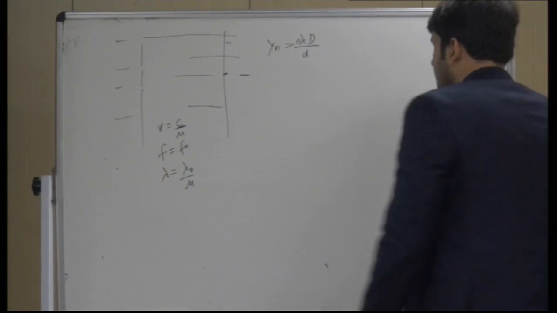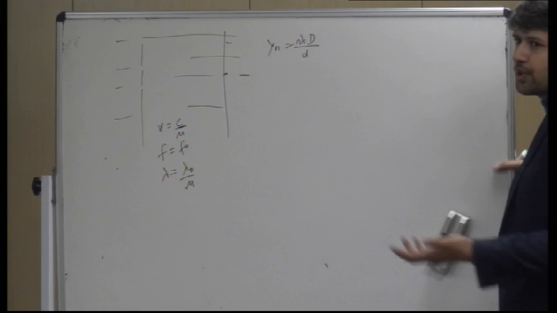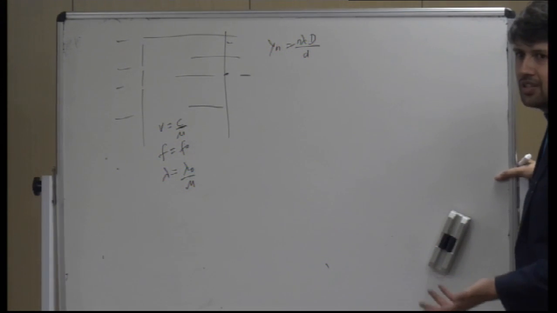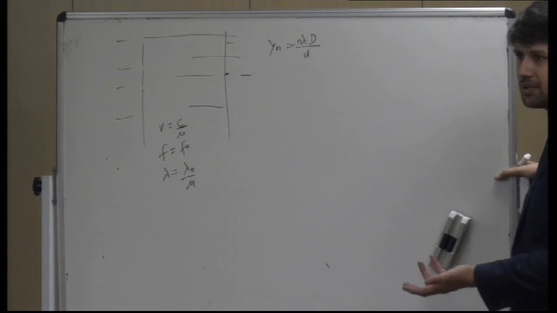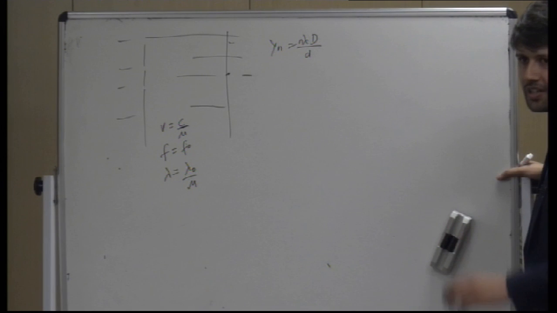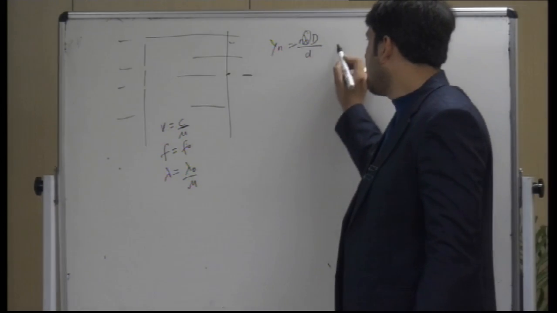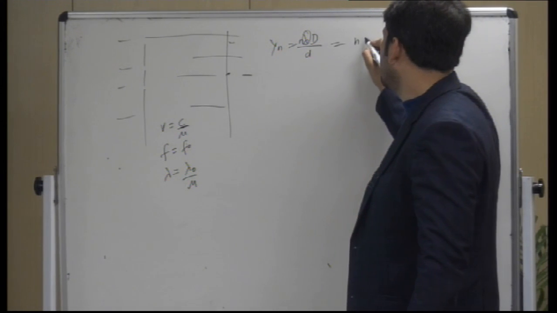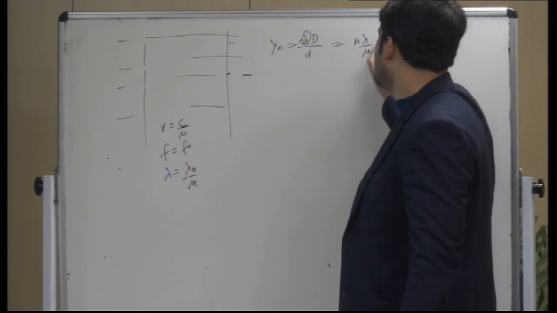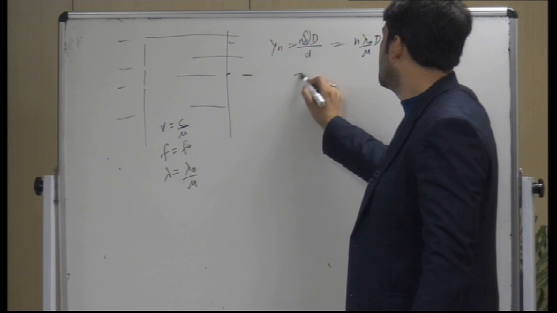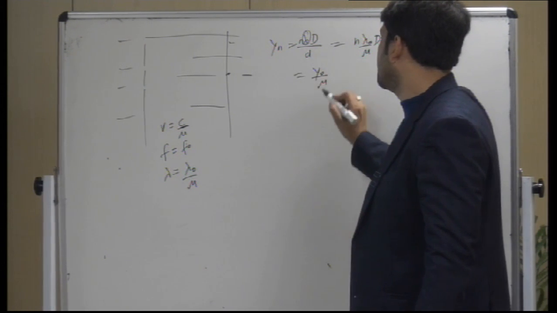Because speed reduces by mu times, wavelength should also reduce by mu times. Since frequency is same, the product should be same, right? So you can see that the position here would then become n lambda by mu into D by d, lambda naught by mu. So this would be y naught by mu.